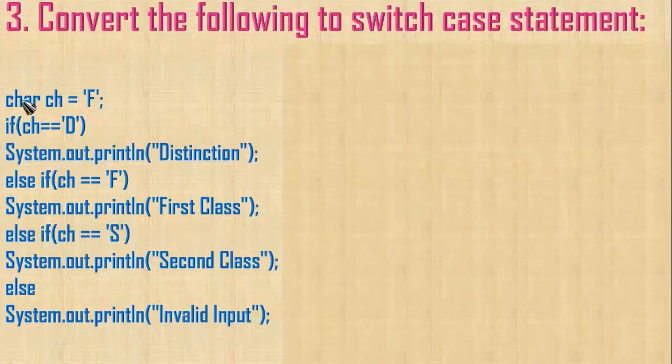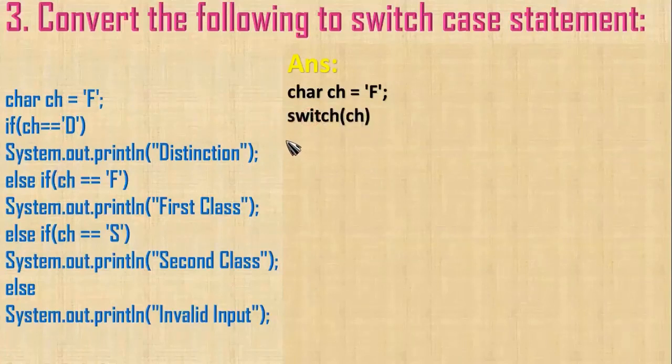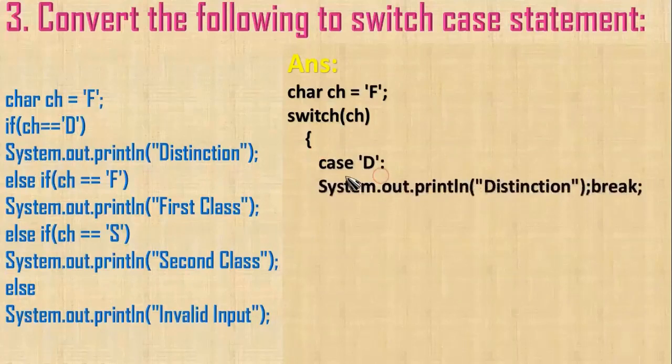So let us just initialize this, and then CH is equal to D. So CH is the switch variable here. We will give switch CH and then open the braces. Now for case D, this will be the printing statement.